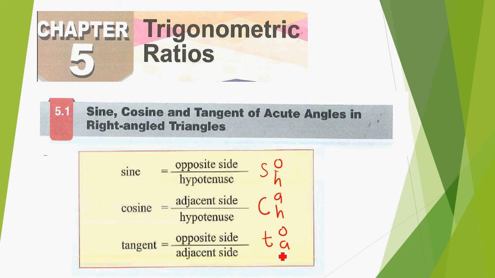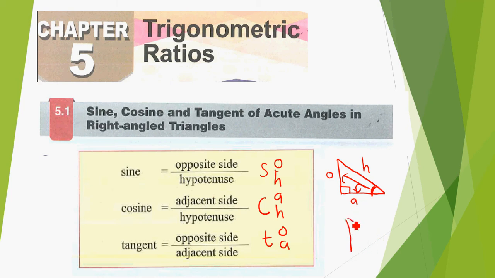That's why you must know how to identify the sides of the right angle triangle. I revise again. If you have a right angle triangle with 90 degrees, opposite the 90 degrees is the hypotenuse. And if the acute angle is here, then the opposite is here, while the adjacent will be here.